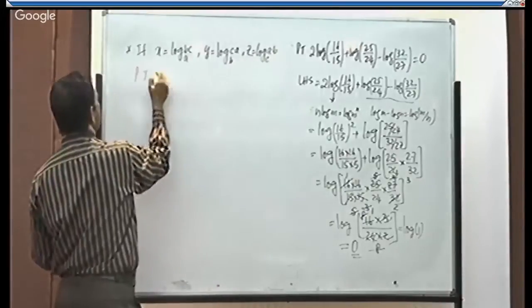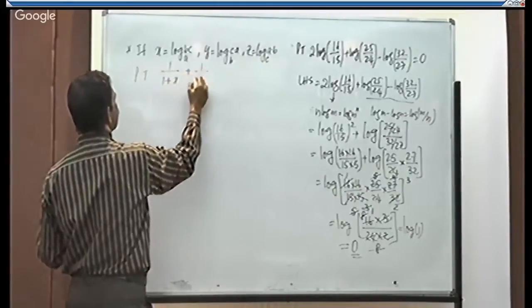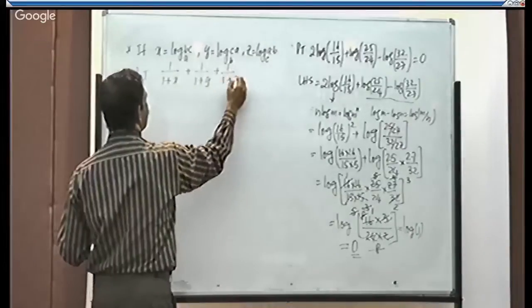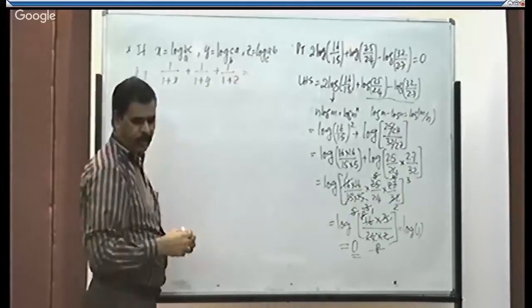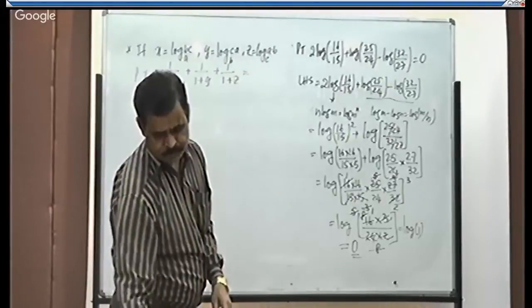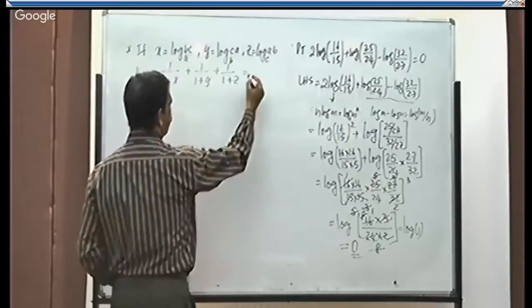With this, prove that 1 divided by 1 plus x plus 1 divided by 1 plus y plus 1 divided by 1 plus z is equal to 1.